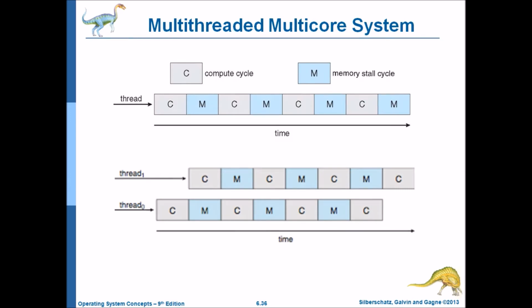In this scenario, the processor can spend up to 50% of its time waiting for the data to become available from the memory. As we can see, the thread computes, and then a memory stall happens, then it computes, then another memory stall, and so on and so forth.